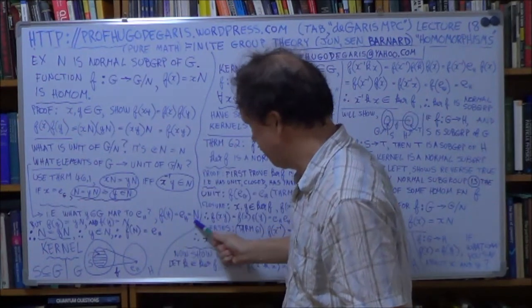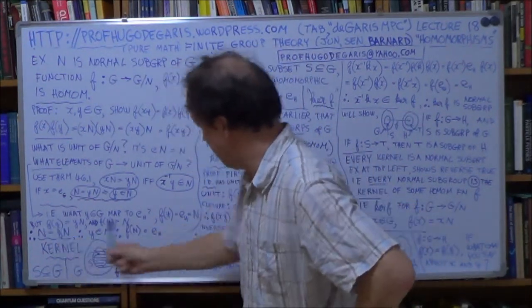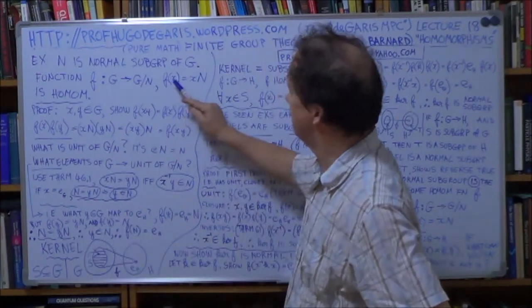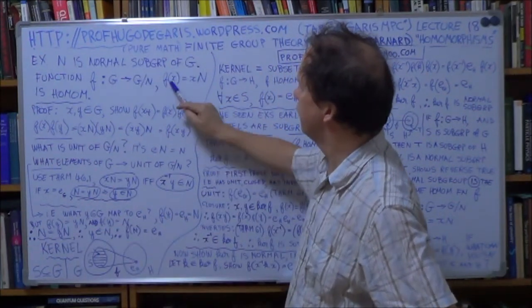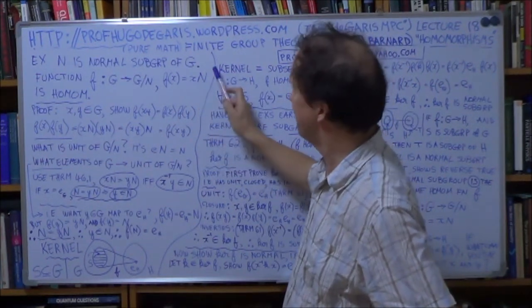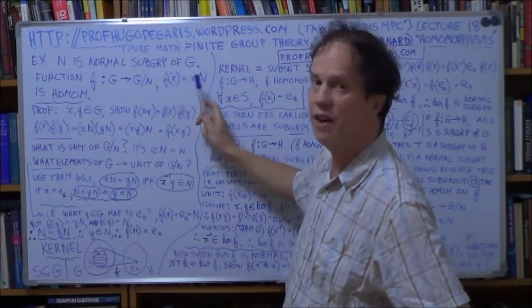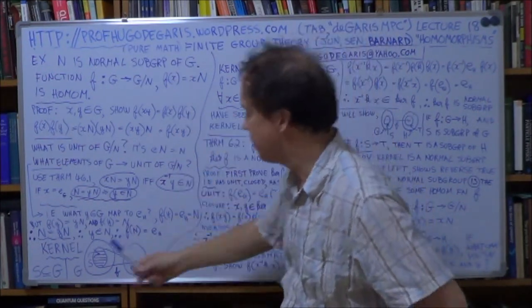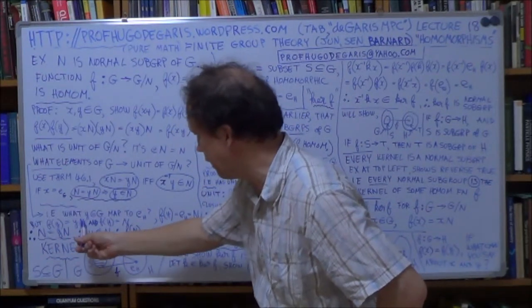All right. Okay. So we've got this result. Now, what is f of y? Well, from here, if we just put y here, f of y is just yN. By definition, that's how we defined this function, this homomorphic function f. So f of y is just yN.